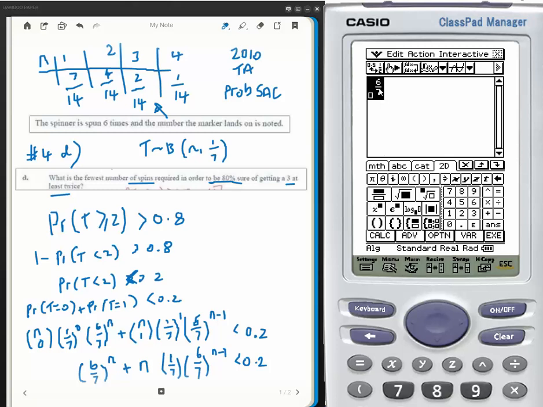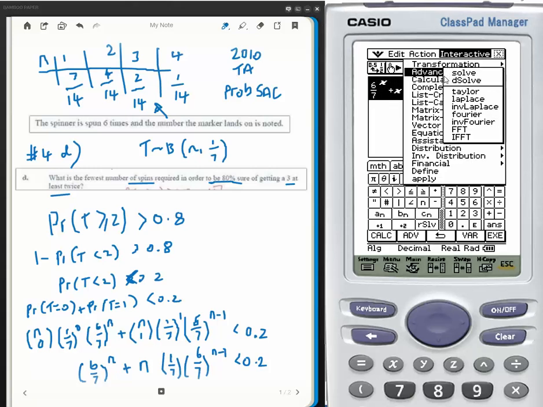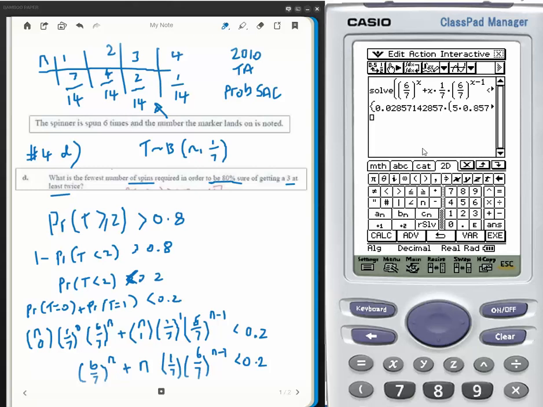Okay, so there it is entered: 6/7 to the power of n plus n times 1/7, 6/7 to the power of n minus 1 is less than 0.2. Now I'll go in decimal. If I try and solve that, it doesn't give me an answer, it just gives me in terms of x, so it didn't solve it.